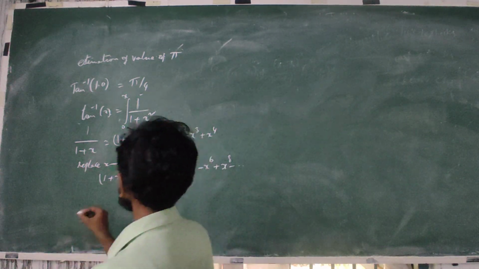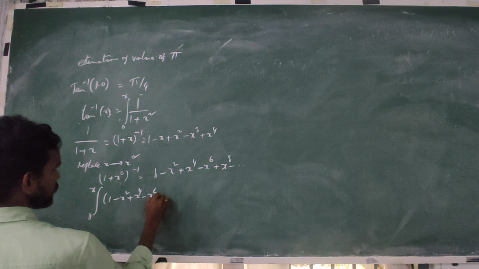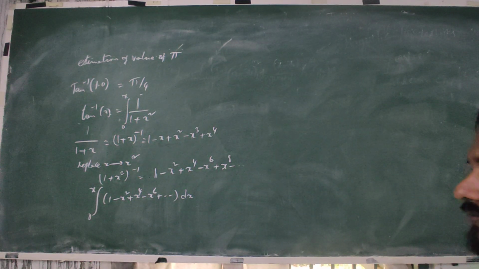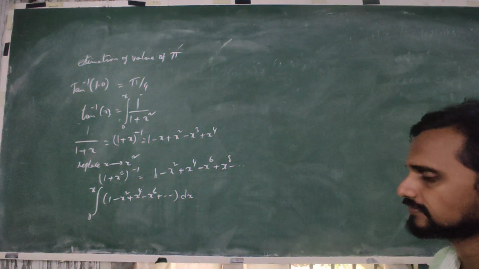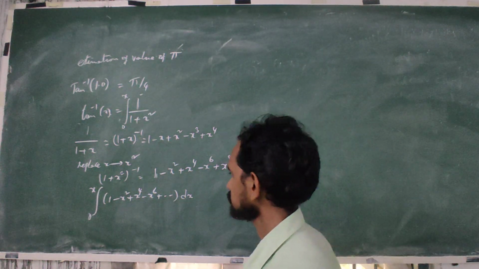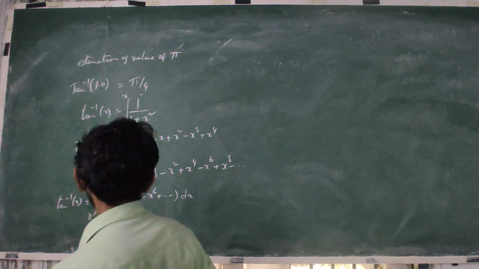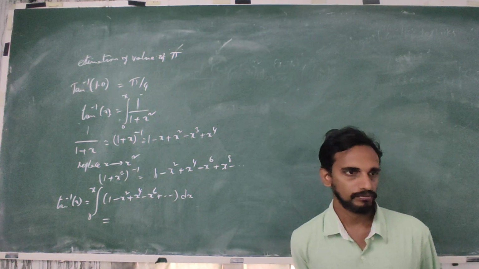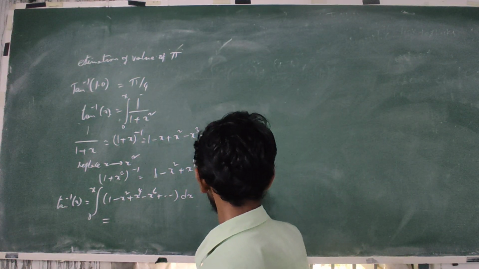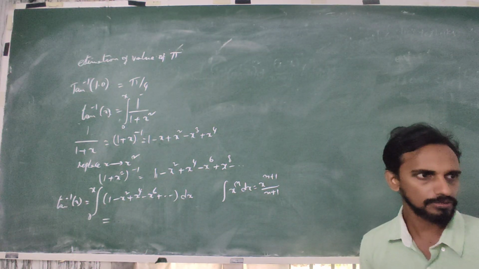Now integration of this. So integration gives x power 2n plus 1 by 2n plus 1.